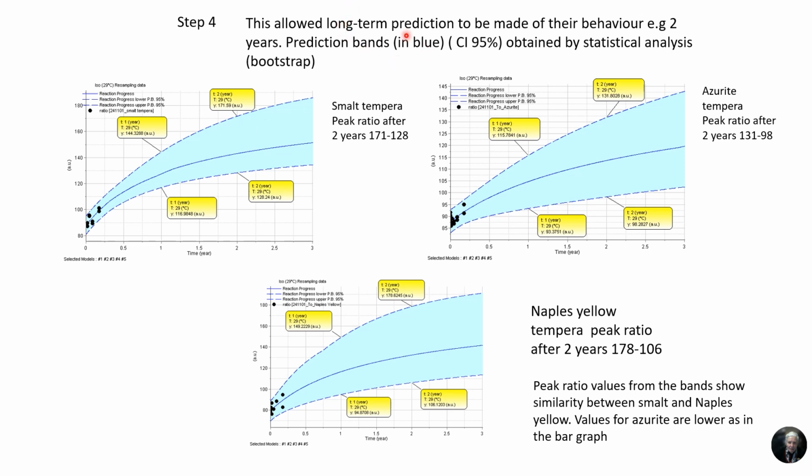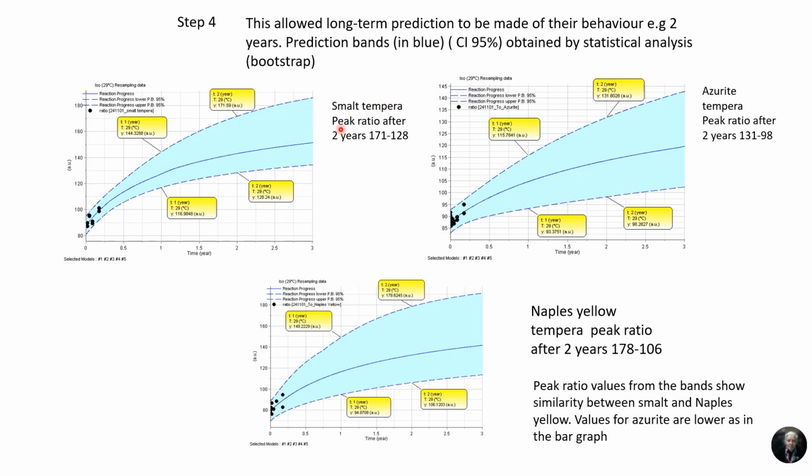So once this model was entered, then a further calculation for lifetime prediction, and these prediction bands with confidence limits of 95%. And so basically it's predicting the values for the ratios after 1 year and up to about 2 years.